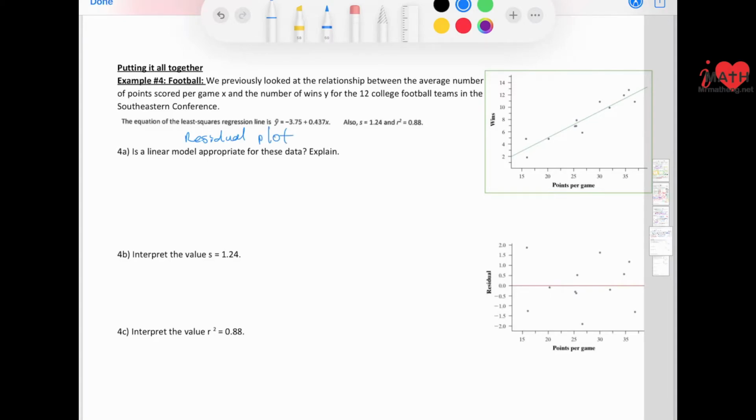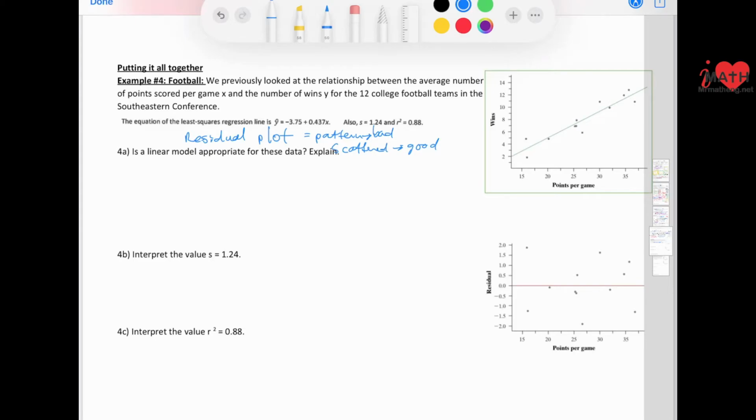And remember, if there is a pattern that is bad, and then if there is no pattern or scattered, that's actually good. Okay, so let's look at ours. What do we have here? Do you see a pattern?